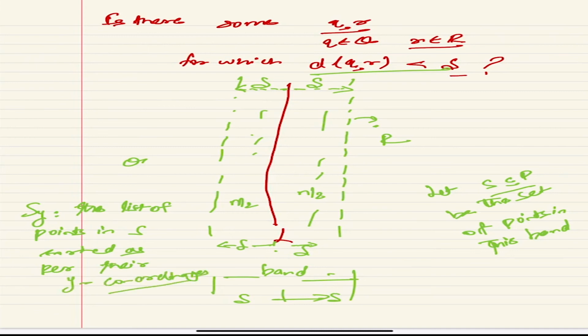Fine, I can get that because I already did the sorting. So I can get S, and I can get the points in there as per their y-coordinates. So now, there will be a first point, right? There will be a first point at least.